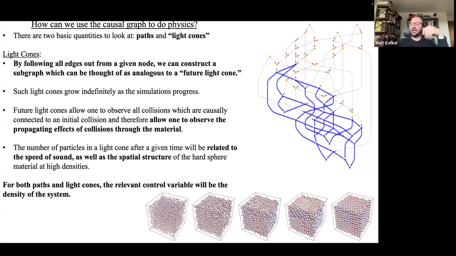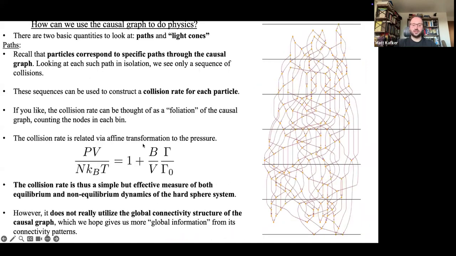Now, for that construction, I invoked a hard wall, but it doesn't really matter. You can just imagine that if you have some situation like this, but you have periodic boundary conditions, so all the spheres are just trapped in against one another, they're going to be pushing very hard on one another. And the relationship is basically that it goes like the collision rate. The details of this are not super important. The point just being, if you have the collision rate here, these are just some quantities that are related to the system.